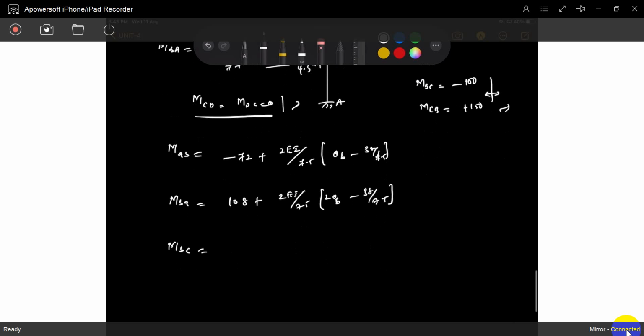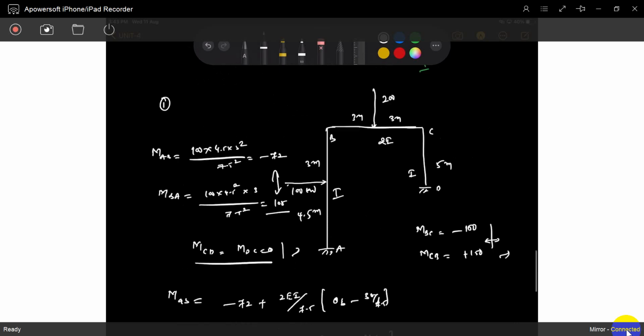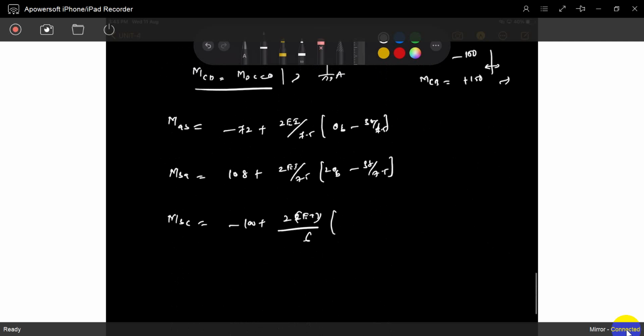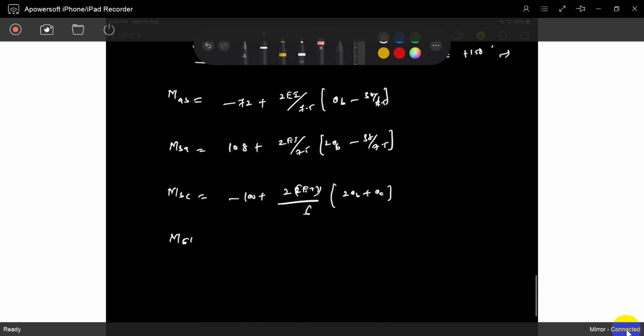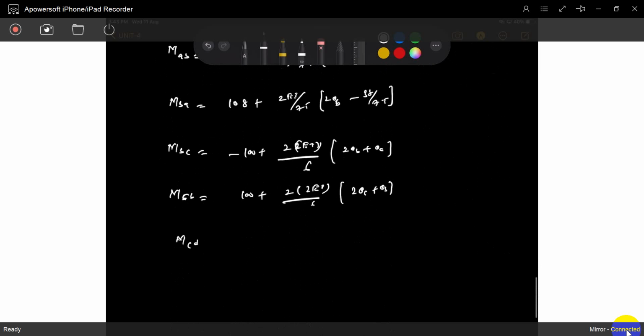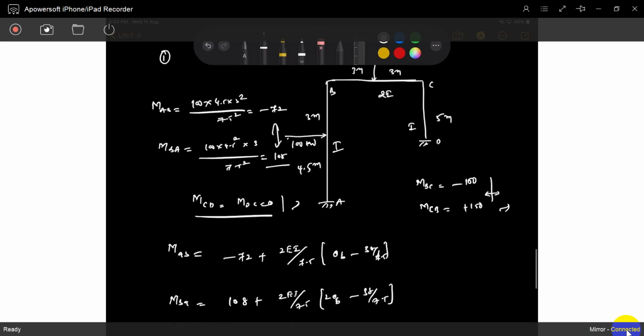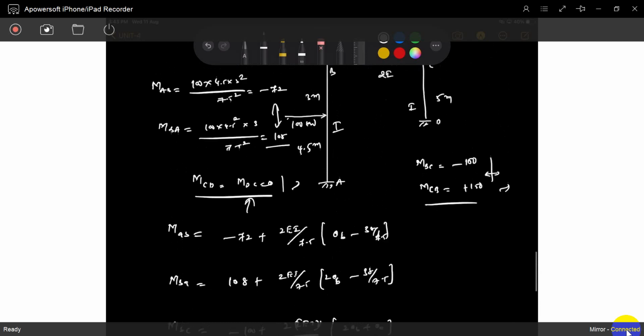MBC is minus 100 plus 2EI by L, where L is 6 meters: 2 theta B plus theta C. MCB is 100 plus 2EI by 6 times 2 theta C plus theta B. MCD is 0. Directly it will be 0. These are the 0 moments.